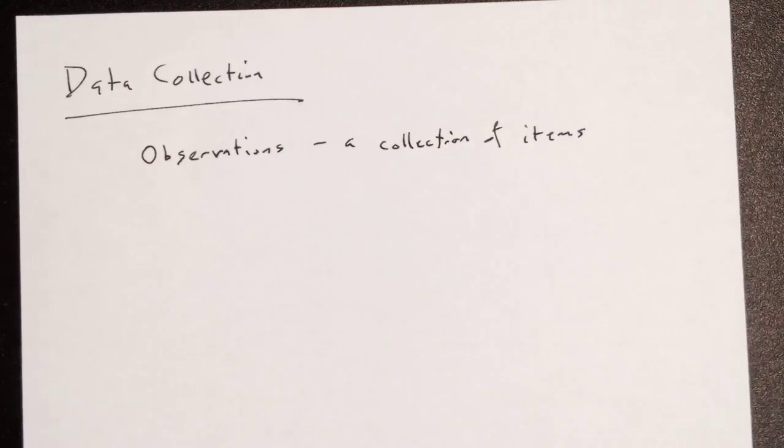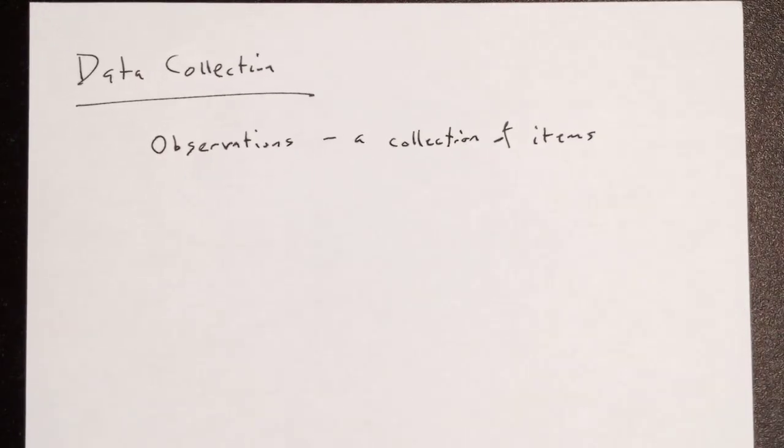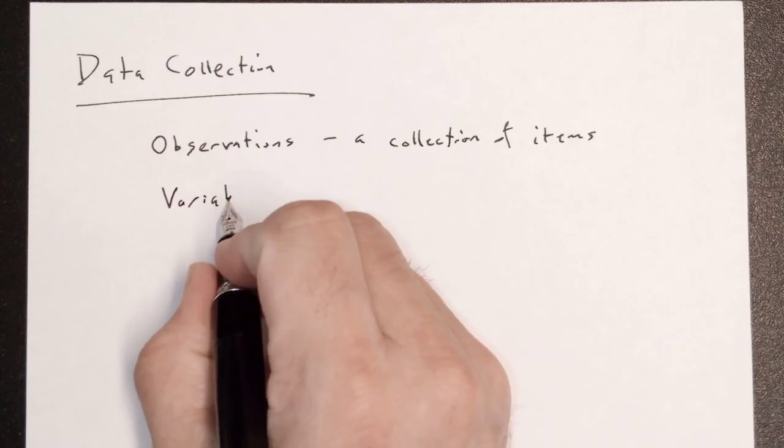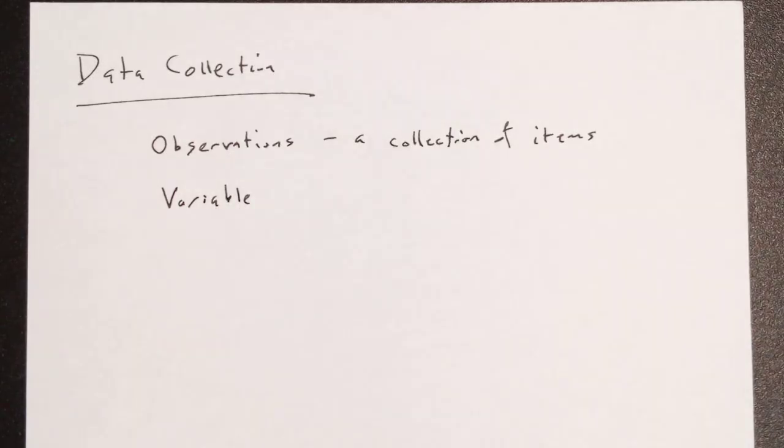Now, this can be all sorts of different information depending on what we're doing. Within these observations, you could have many different characteristics. So a variable is a characteristic of the individual observation.